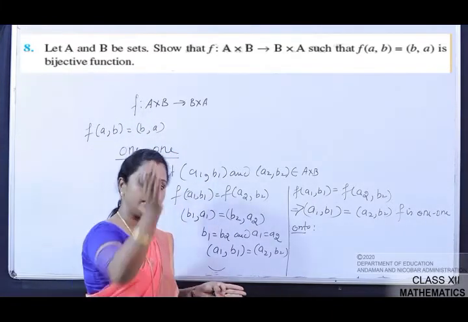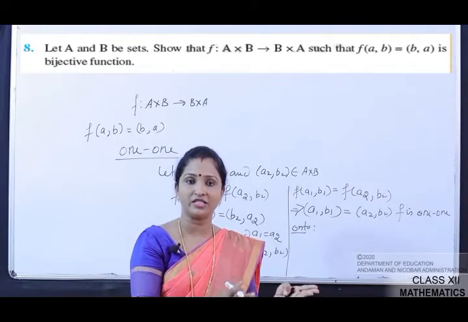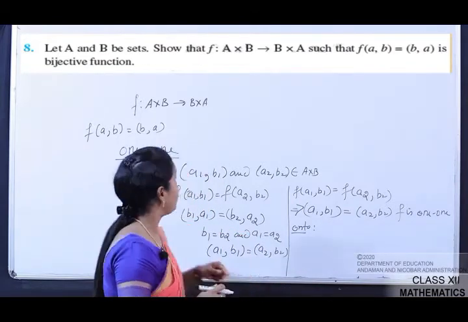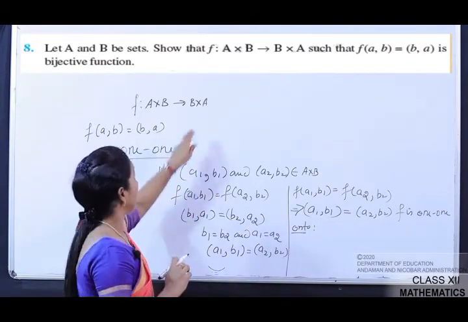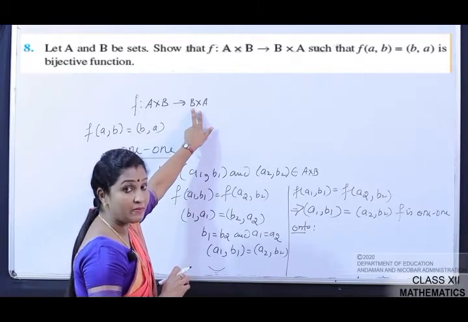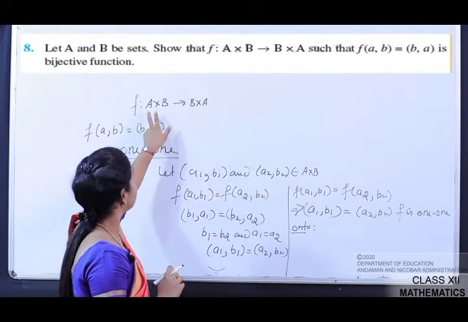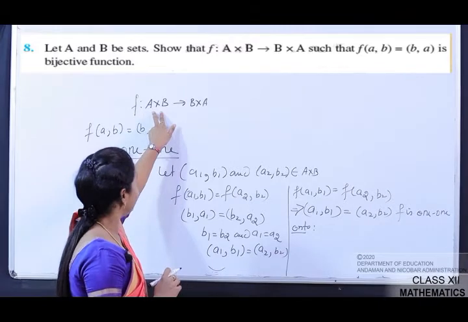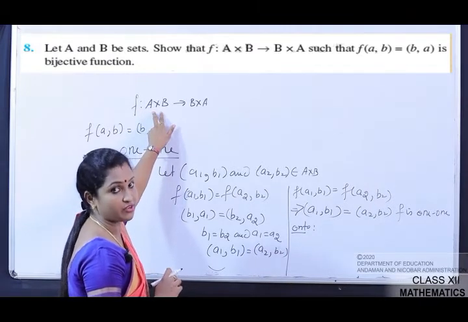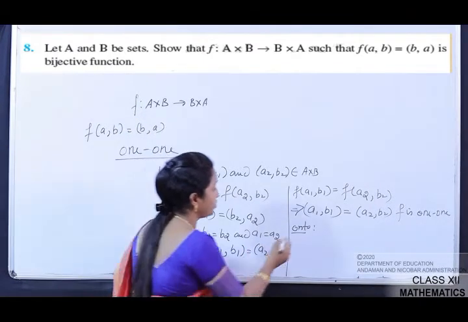For every element, what is the definition of onto? One definition is each and every element should be having a pre-image in the first set. But if you think it in a very different way, for every element in the codomain, there exists an element in the domain such that fx is equal to y. Okay, so how you are going to do this?